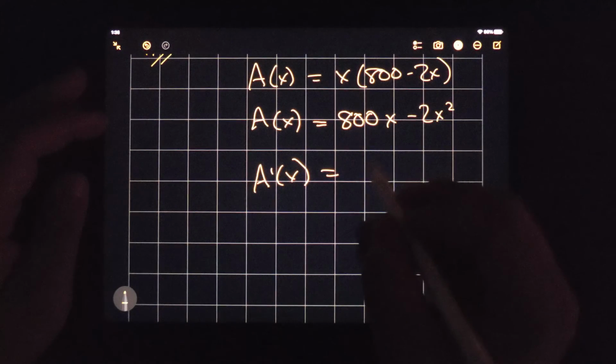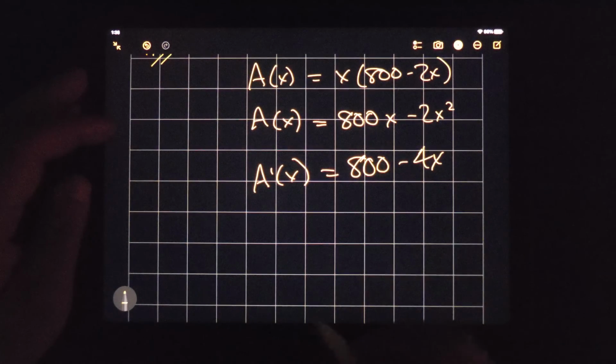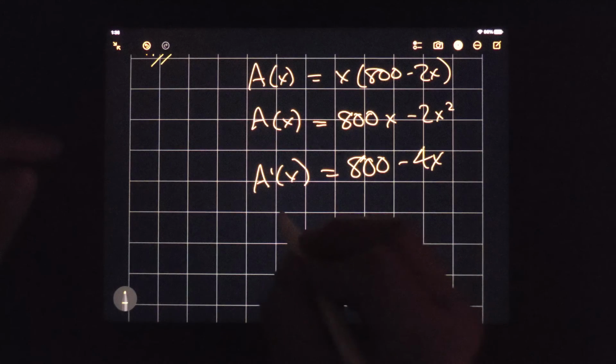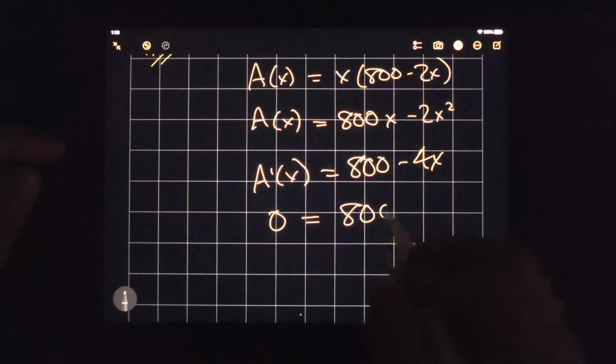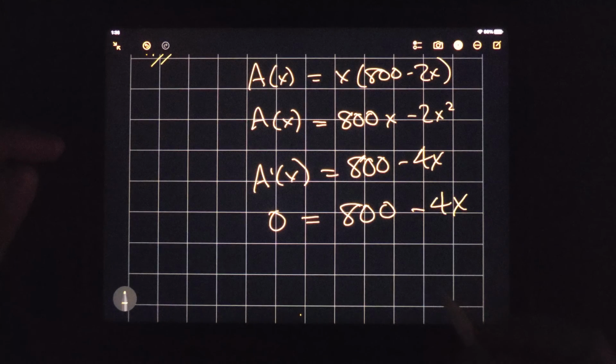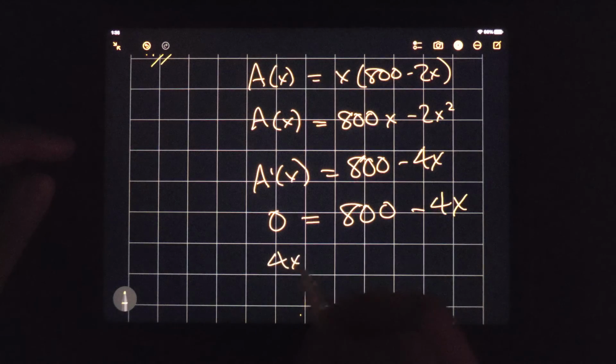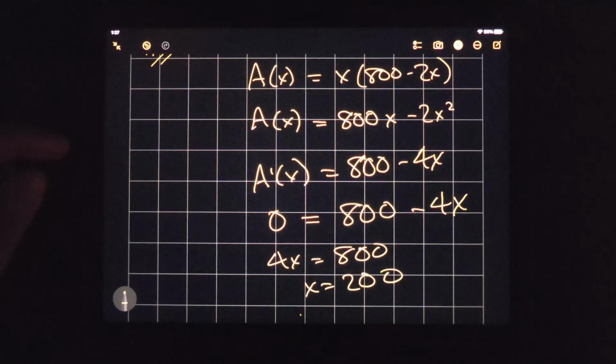So if we do the derivative, it'll be 800 minus 4x. And if we set this equal to 0 and solve, we should get 4x equals 800, x equals 200.